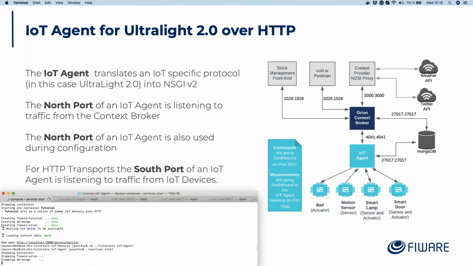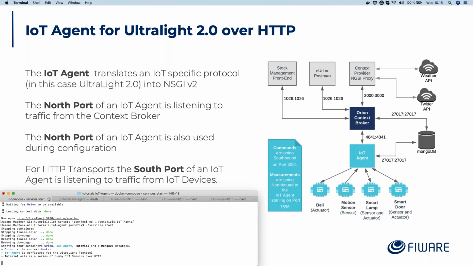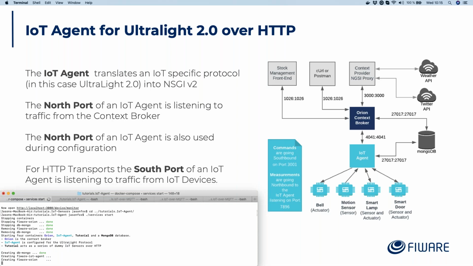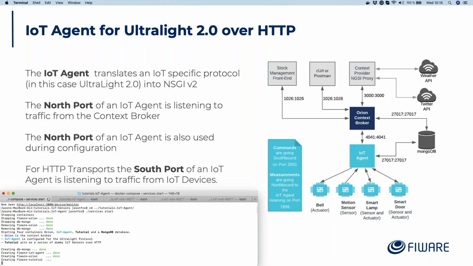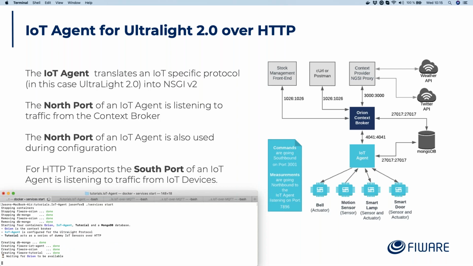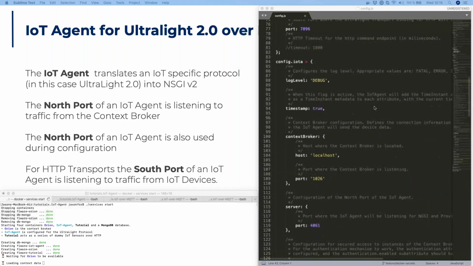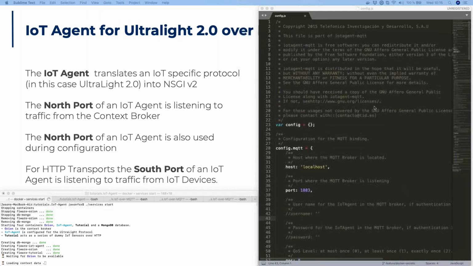So let's start up a slightly more complex system where we've actually got an IoT agent in our mix as well. This is an additional element which is listening on port 4041. Now, again, this is Dockerized. So what we would do is we have here a configuration file which is within the system itself.